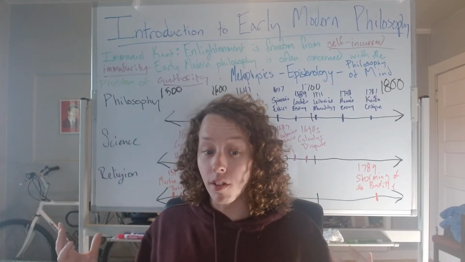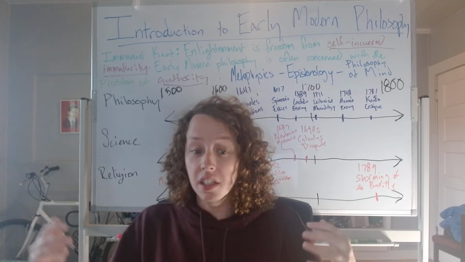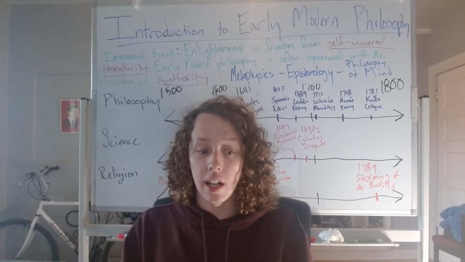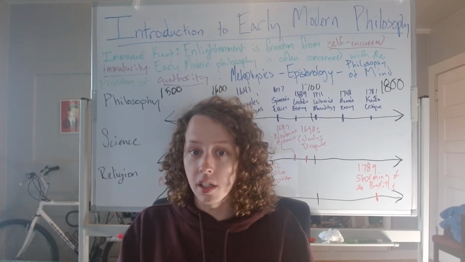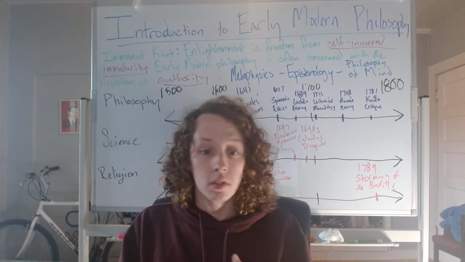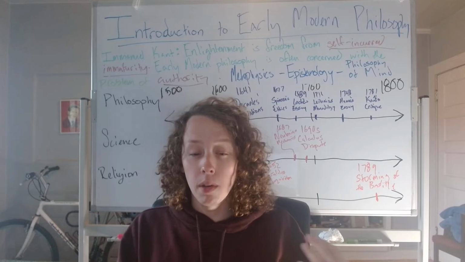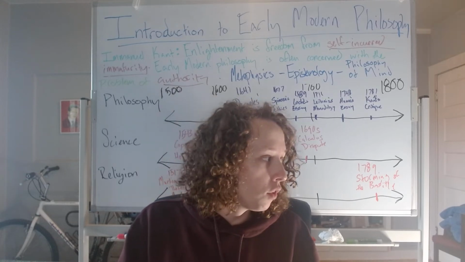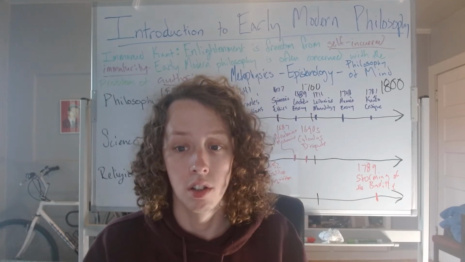And this is what philosophy is really meant to do, to think about the significance of developing methods in modern science, the significance of the downfall of religious institutions, and what that means for us as individuals, for the position of human beings in the universe, for our ability to gain any sort of stable knowledge over time.